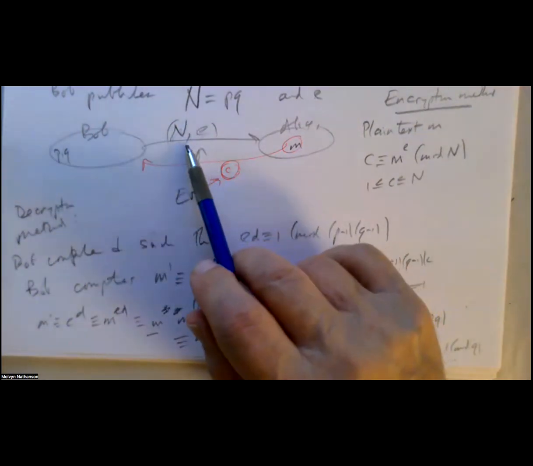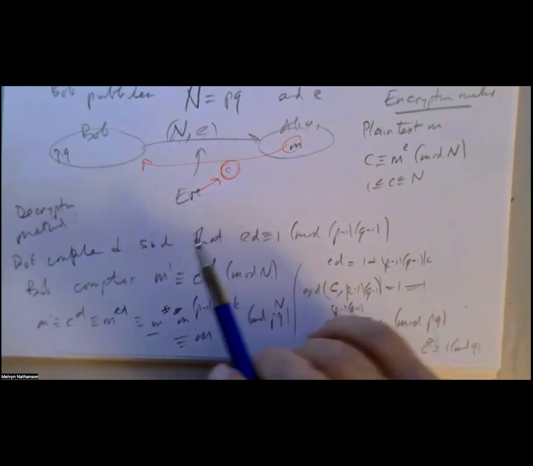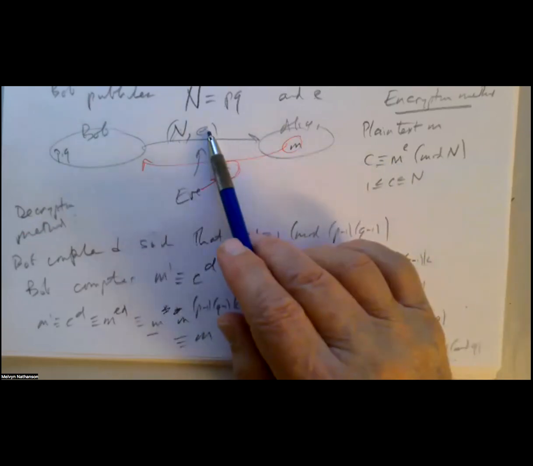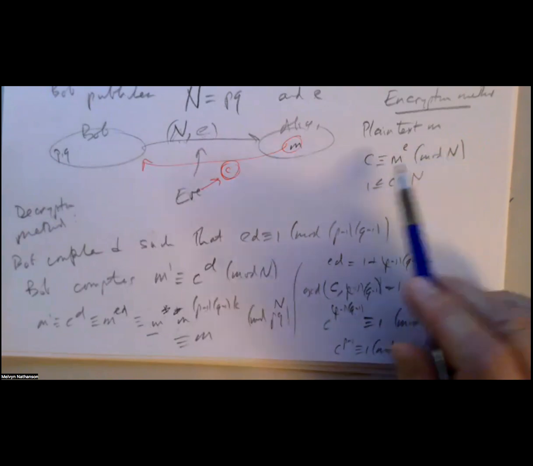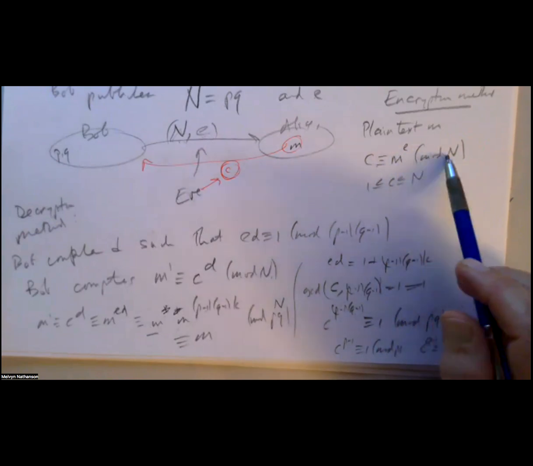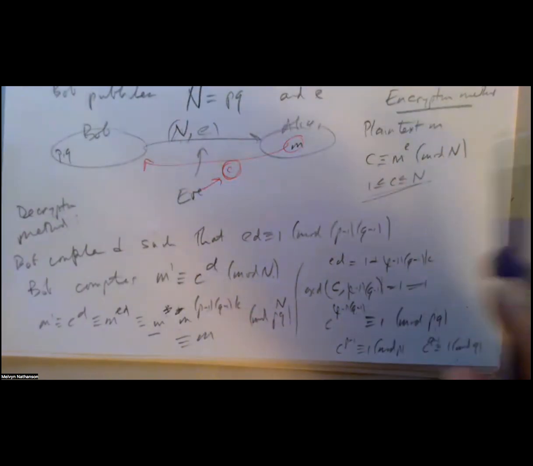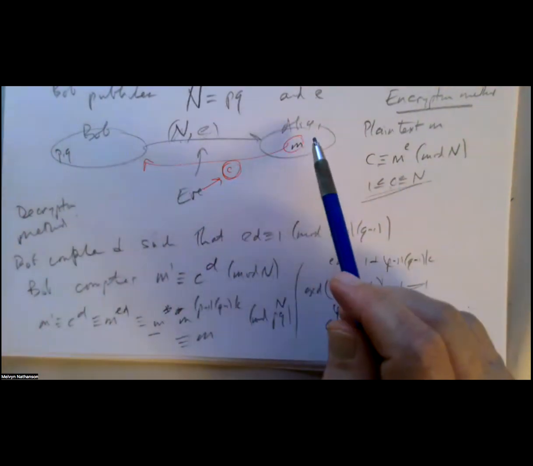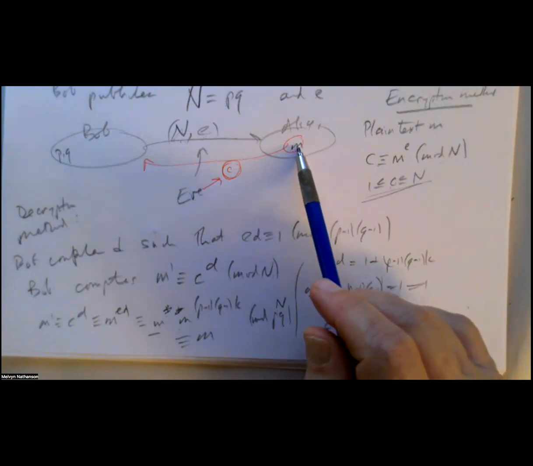And if you know those 2 numbers, Bob says, here's how to send me a secret message. Here's how to encode your message. Take your message M, raise it to the power E, and reduce it modulo N. So that C is congruent to M to the E mod N, C between 1 and N. Anyone can do that. That's the encryption of your message M, and send that to me. So Alice wants to send Bob the message M secretly.